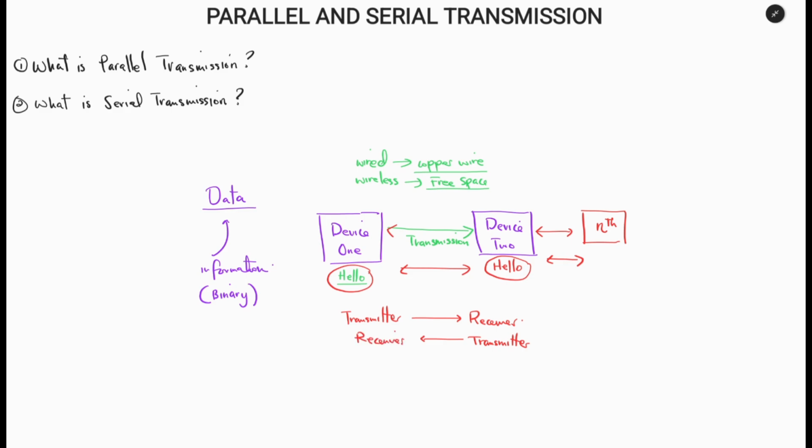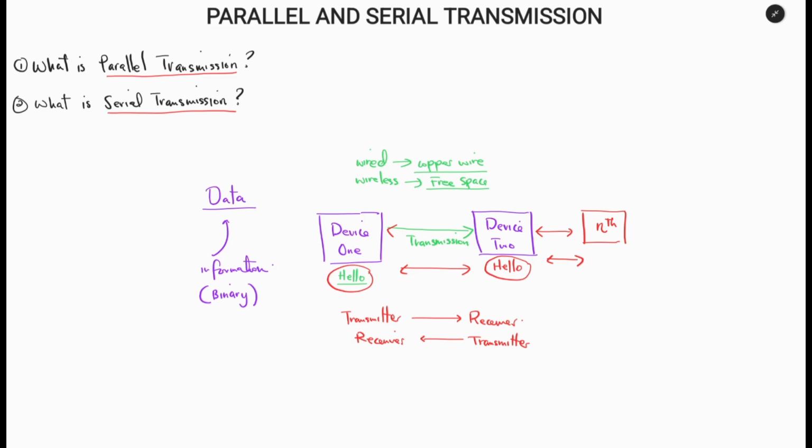So in most devices, a circuit made up of a transmitter and a receiver is built to facilitate this type of transmission. Now we are going to look at what really a parallel transmission and a serial transmission are. To simply understand what a parallel transmission is, we know that information is transmitted from one device to another.